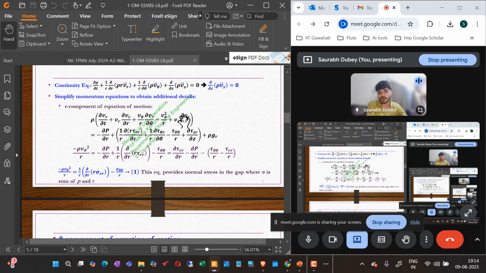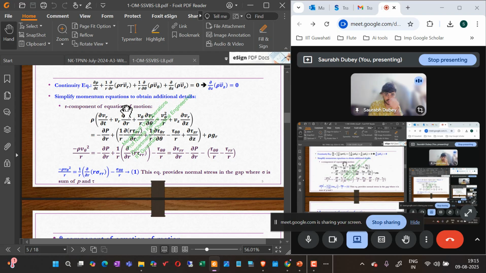Now if you see the continuity equation, which is del rho by del t plus 1 by r del by del r of r rho vr plus 1 by r del by del theta of rho v theta plus del by del z of rho vz equals 0. We have seen that the problem is steady state, so there is no transient effect associated with it.